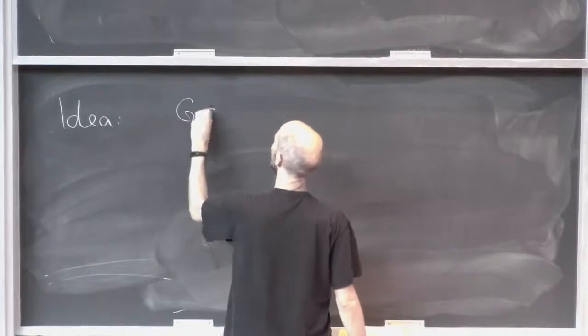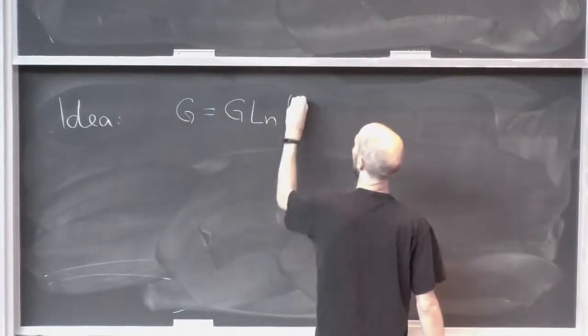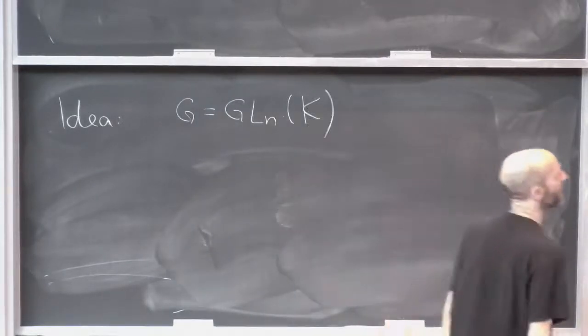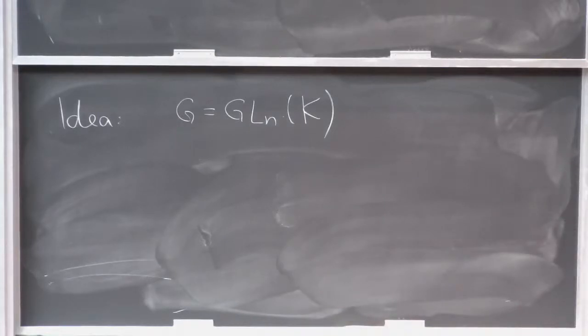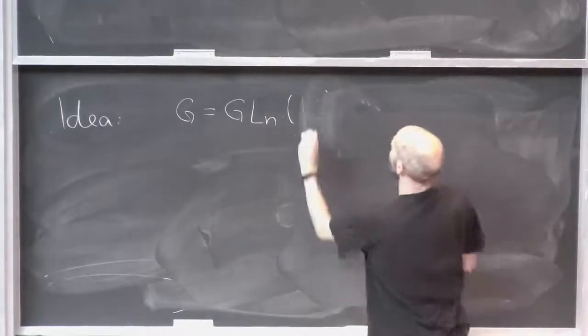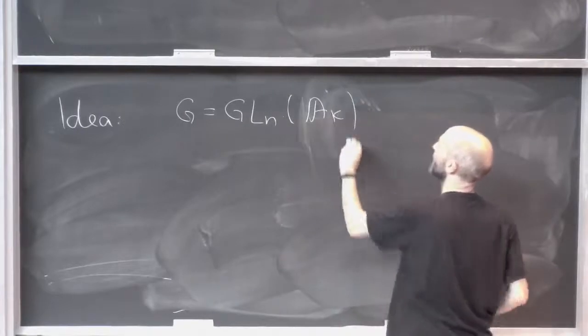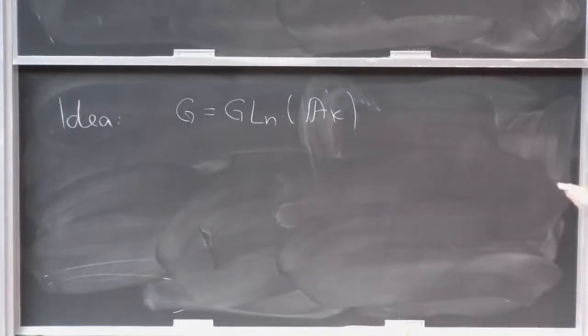If G is GLN of K, and so inspired by GL1, G is GLN of the Adeles of K, because we're trying to write down some representations of this group that we want to be automorphic representations.